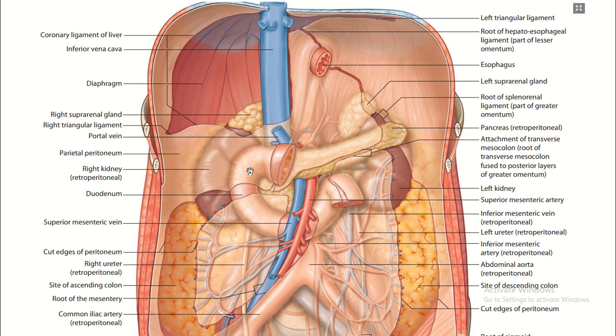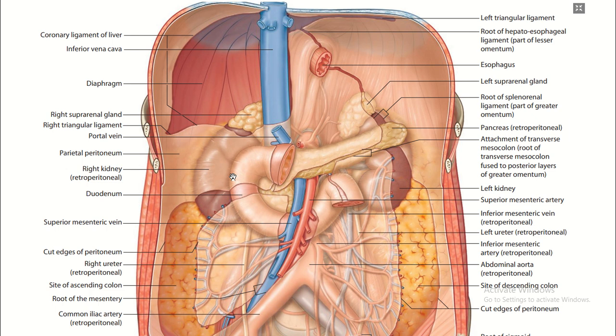Today we're going to talk about the anatomy of the kidneys, renal anatomy. Right. So the human body has two kidneys, a right kidney and a left kidney.